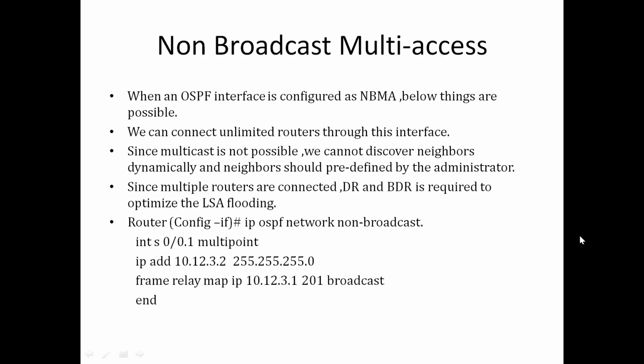And 201 is a DLCI, which we call the data link connection identifier. It is a local link circuit identifier, which is used to send the frames over the VC. And since multiple routers are connected, DR and BDR are required here to optimize the LSA flooding.